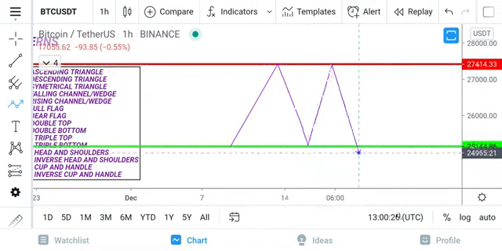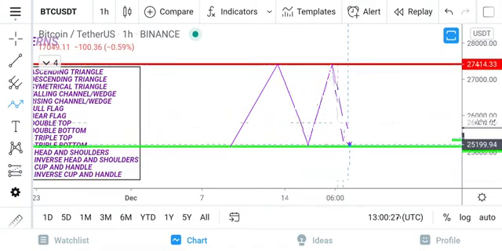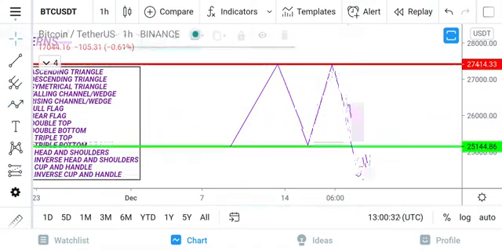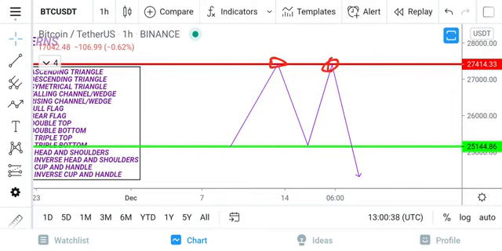Because it's a bearish reversal chart pattern, once it comes back to this support, it's going to break down. So we call it double top because this one top, this another top, and it's a bearish reversal chart pattern, especially when price is in a downtrend.